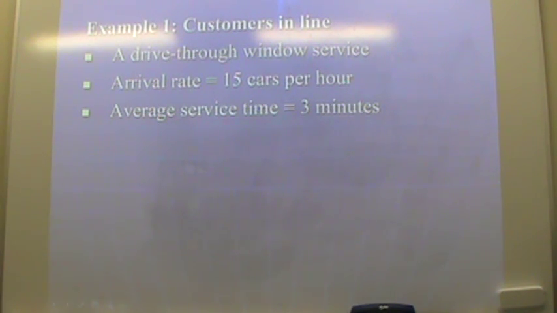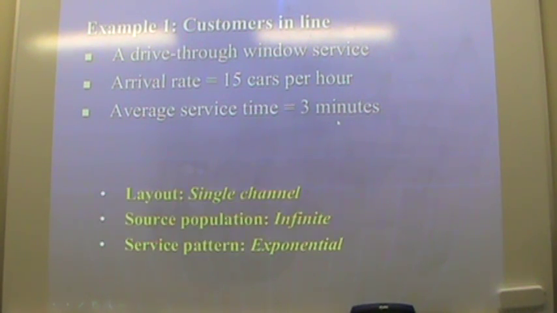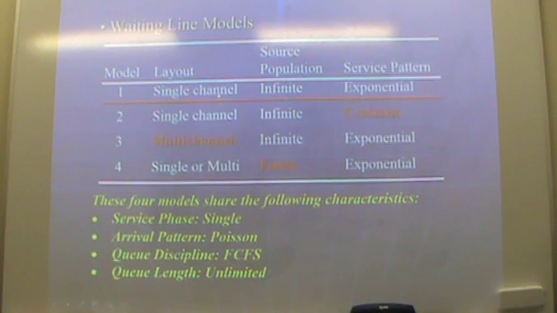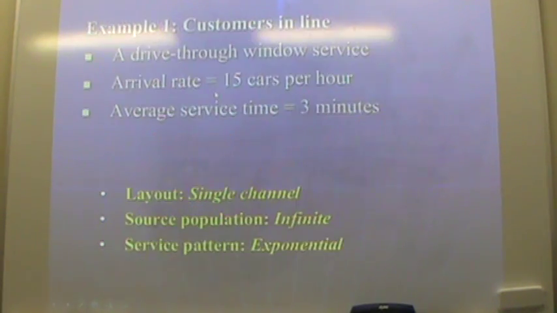If arrival rate is 15 cars per hour on average, and average service time is 3 minutes, in that case, single channel. We assume the drive-through window has only one waiting line, source of population infinite, and service pattern exponential. Then we use Model 1.